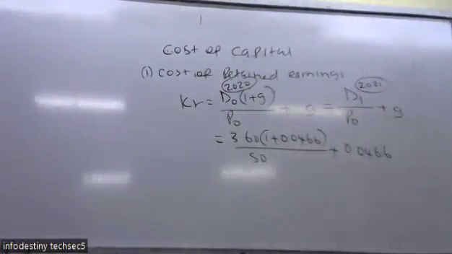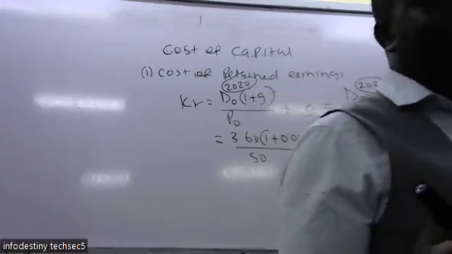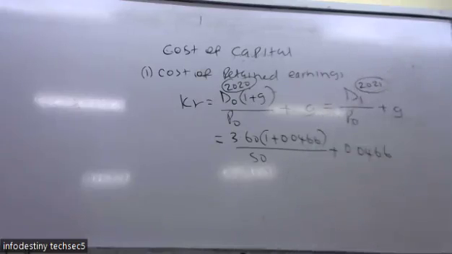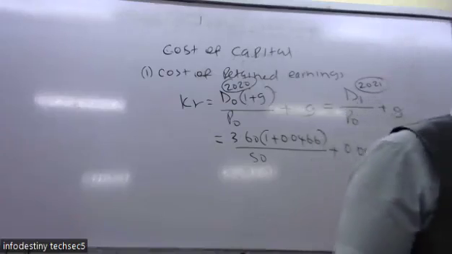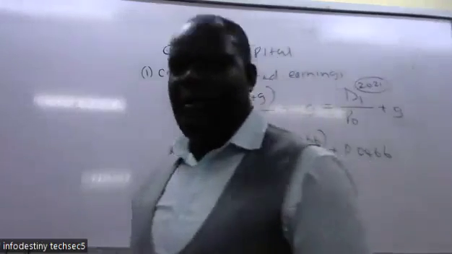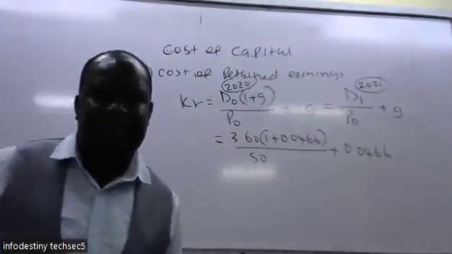You come up with 12.2. You can have it to 2 decimal places. So it just becomes 12.2. So our cost of the retained earnings is 12.2%.